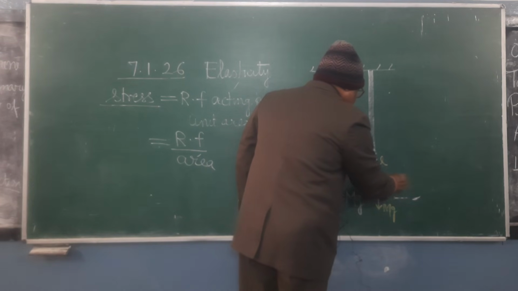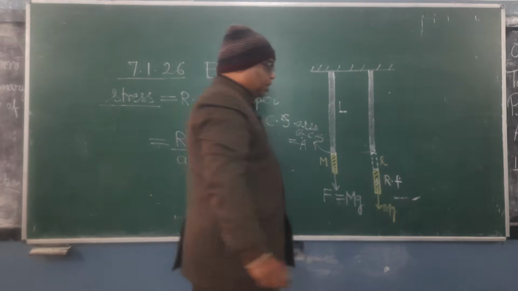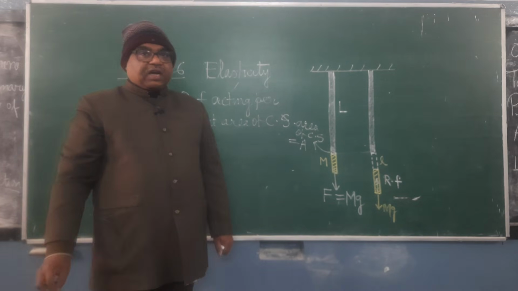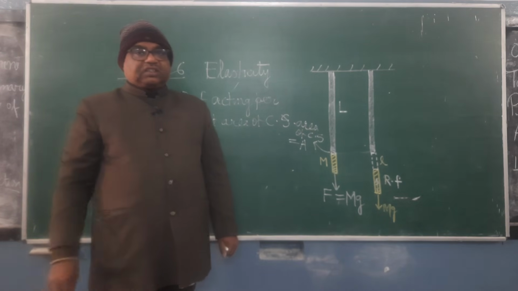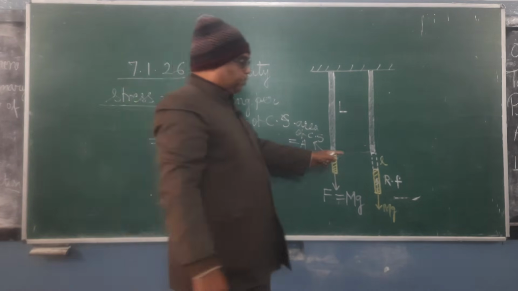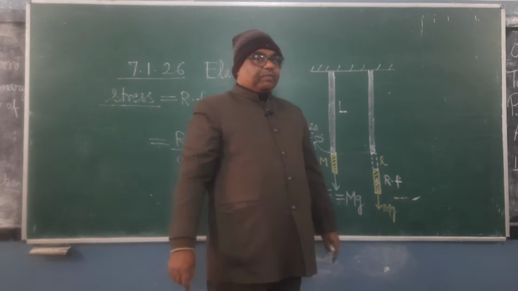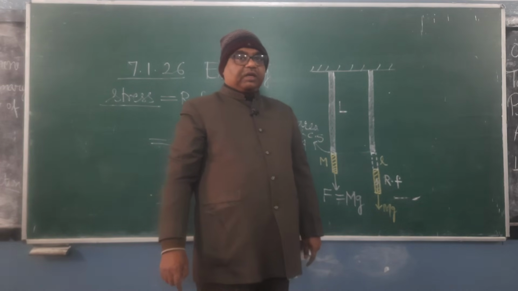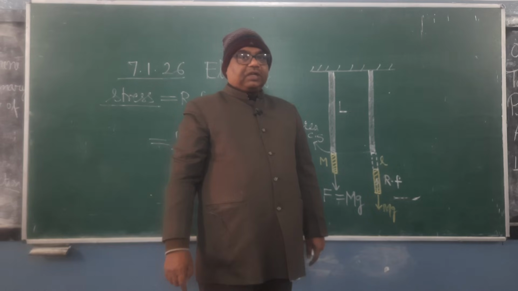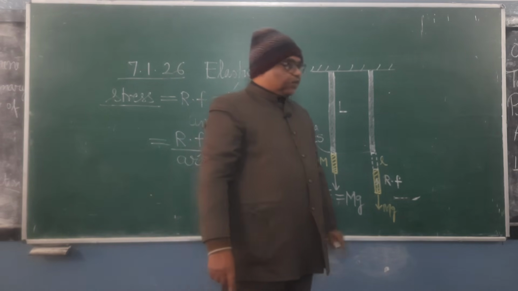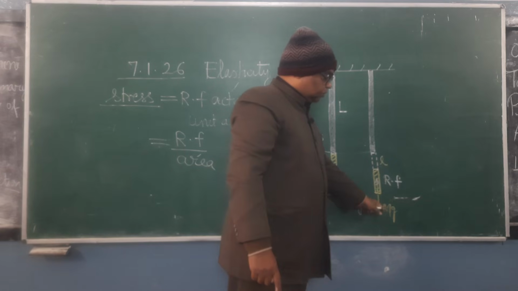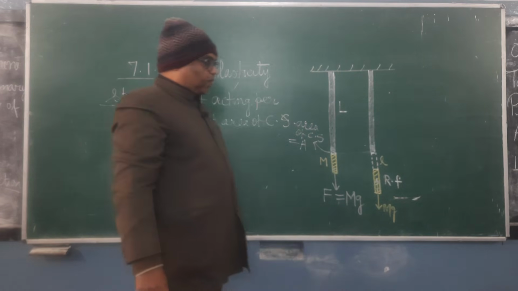Restoring force will always act opposite to the deforming force, and within the limit of elasticity, restoring force will always be equal to deforming force in equilibrium. It's clear? In equilibrium, within the limit of elasticity, restoring force will always be equal to deforming force.